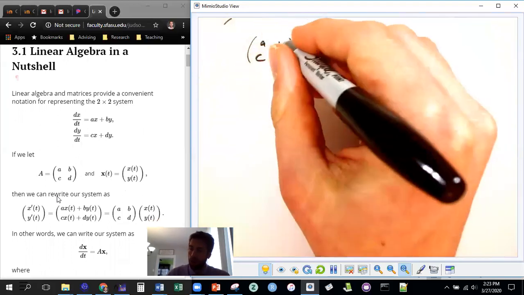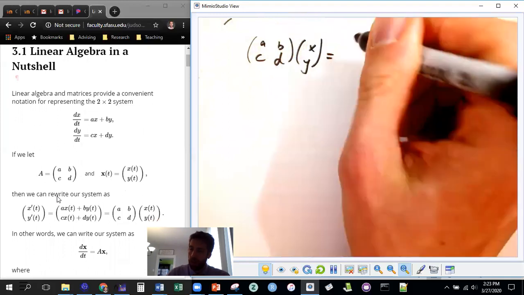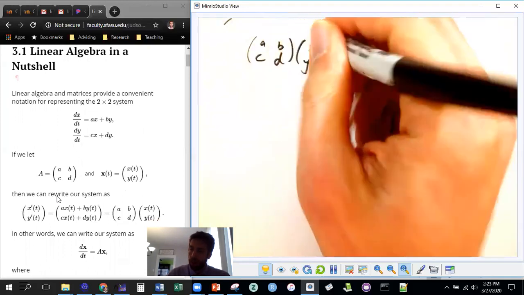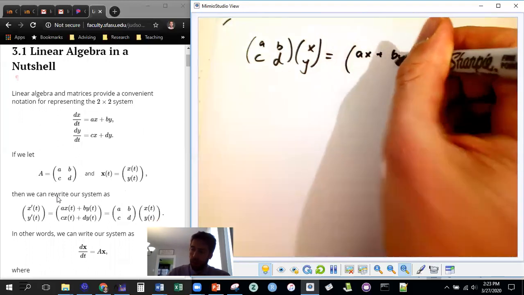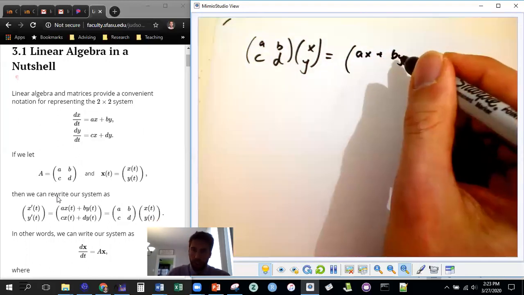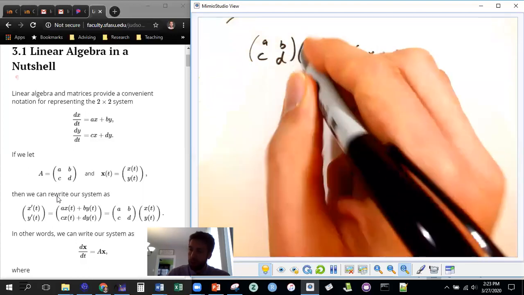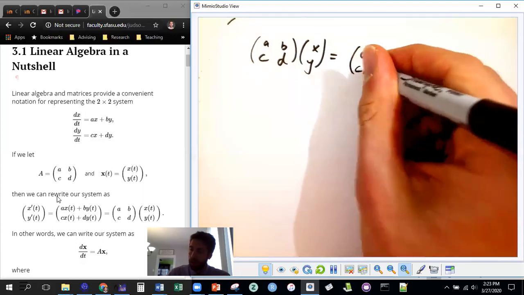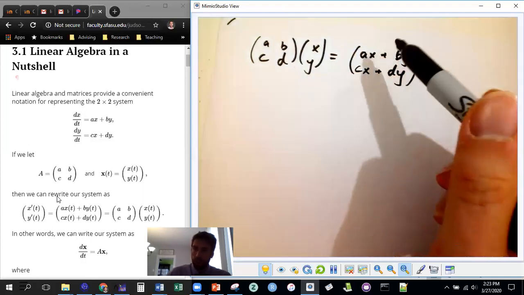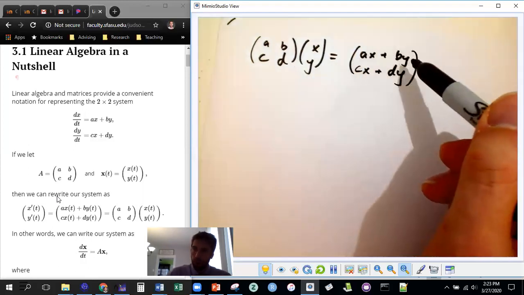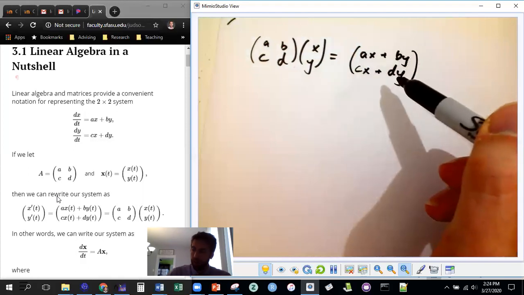You do row times column to get one entry. So row times column gives you AX plus BY, and that's one entry on the top. And then row times column, CX plus DY. So that's a vector with 2 components now.